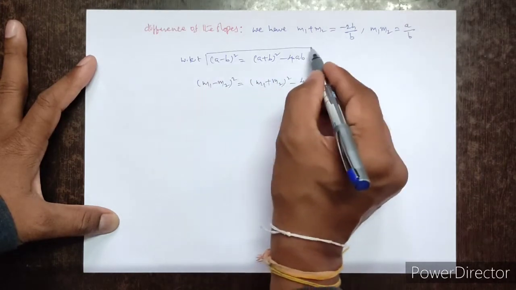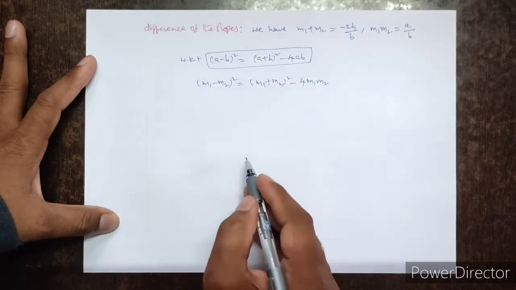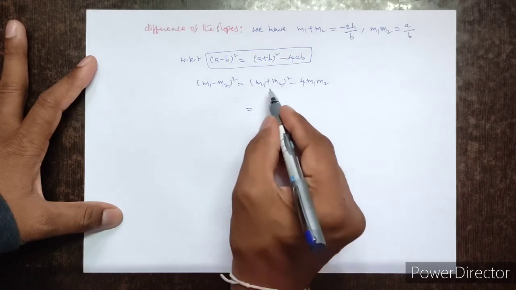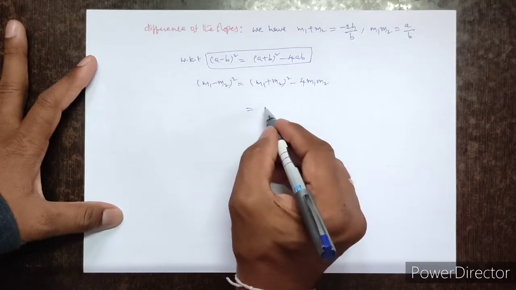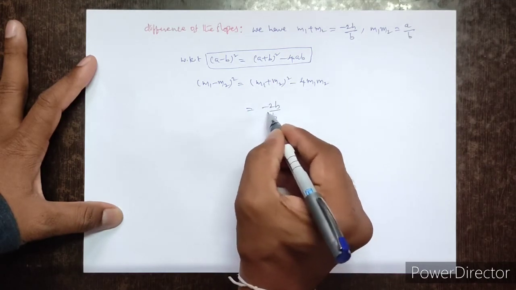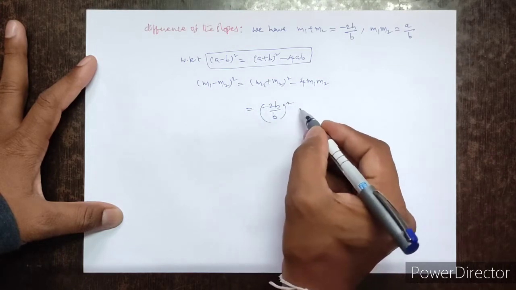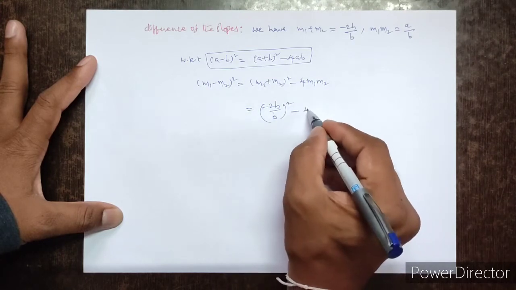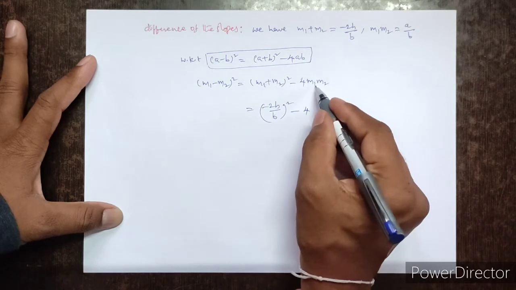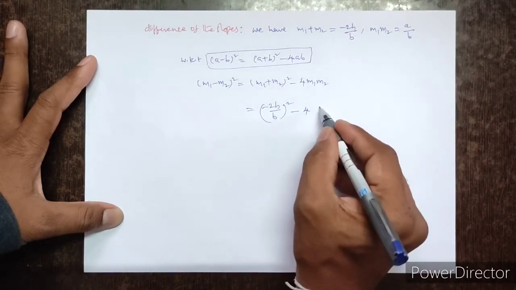This is the formula. So here this is the sum, no? So minus 2h by b whole square minus 4 m1 m2, which is a by b.